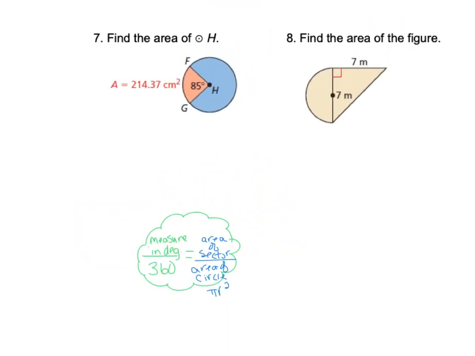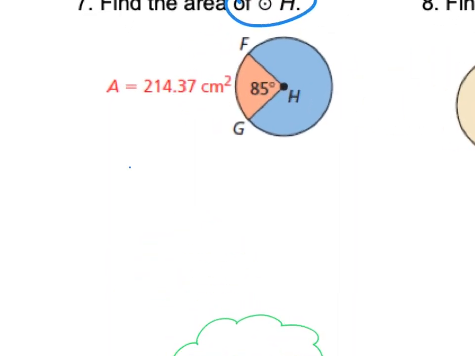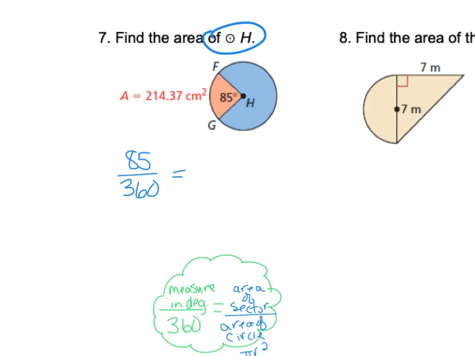So I have one side, I'm going to find the area of the whole circle. I'm finding the area of circle H. That's the whole circle. So what do I know? I know I have an 85-degree angle out of 360. And I know the area of the sector, that red there where it says 214.37, that says that's the area of the red part.